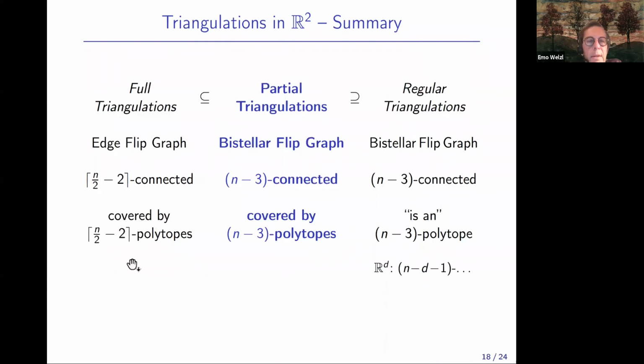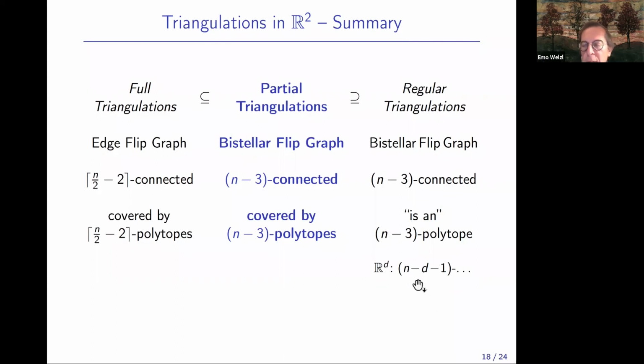Clearly, here it's hard to generalize to higher dimensions, and I will say something briefly shortly. But the secondary polytope, of course, is not restricted to 2 dimensions. This holds in any dimension, and the n-3 becomes n-d-1.